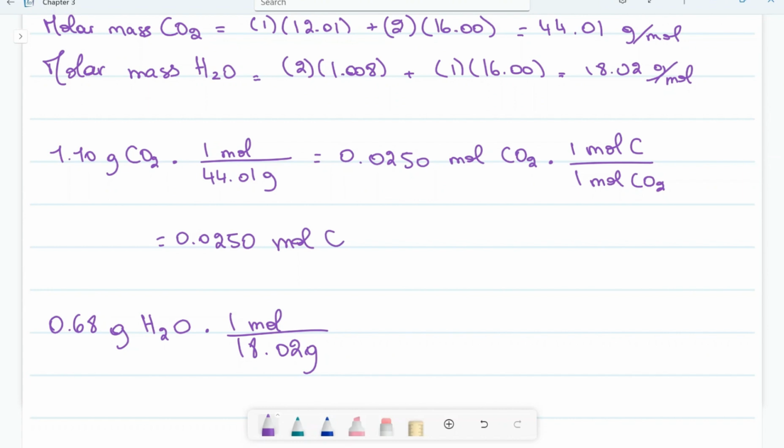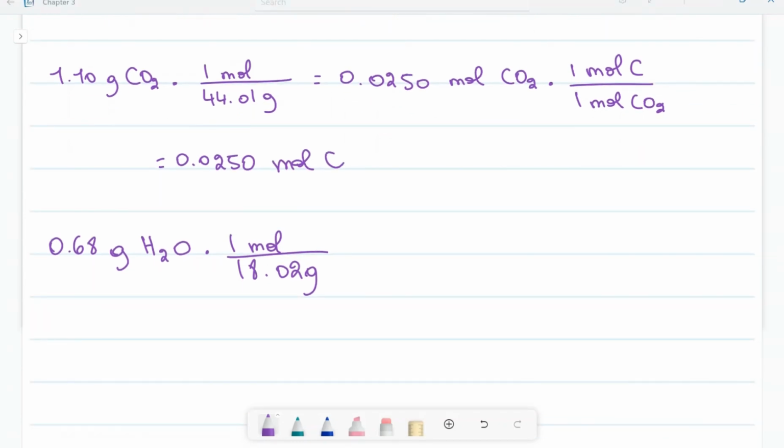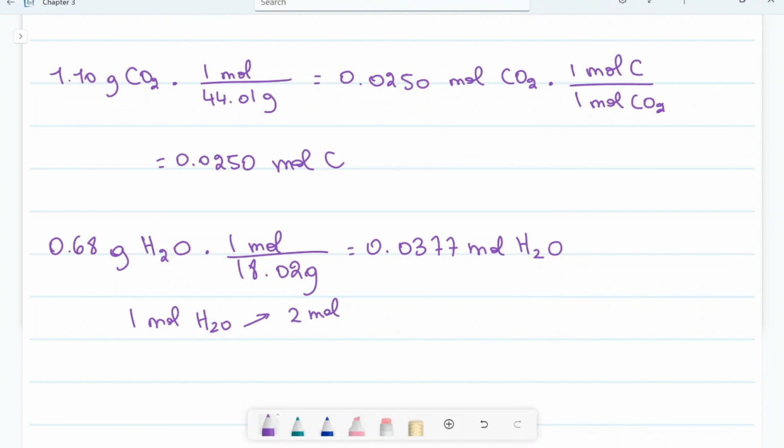So what is 0.68 grams times 1 mole divided by 18.02 grams? This would give us 0.0377 moles of H2O.